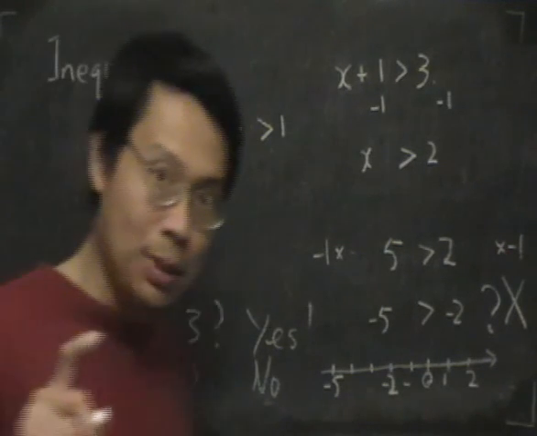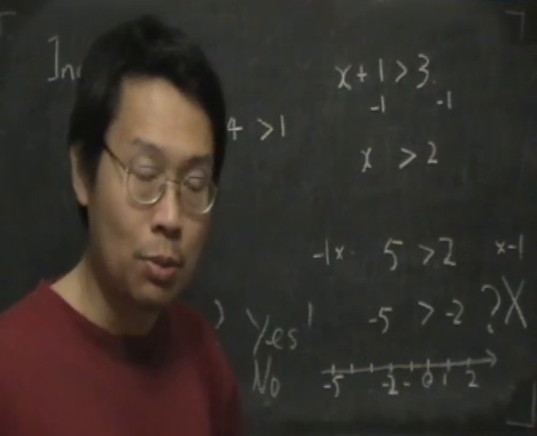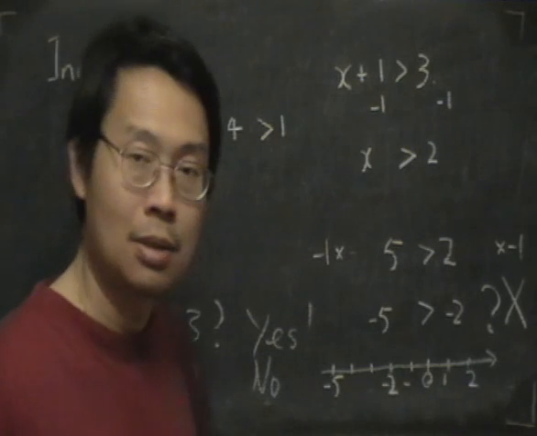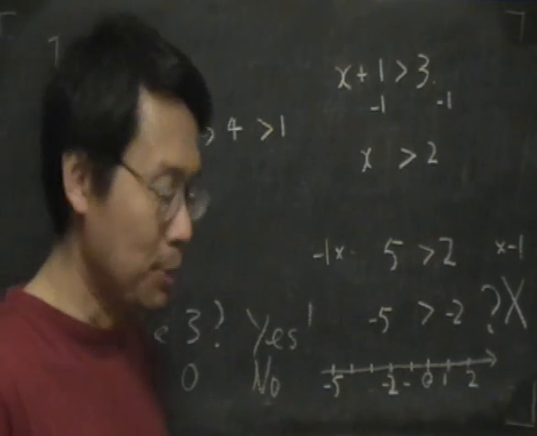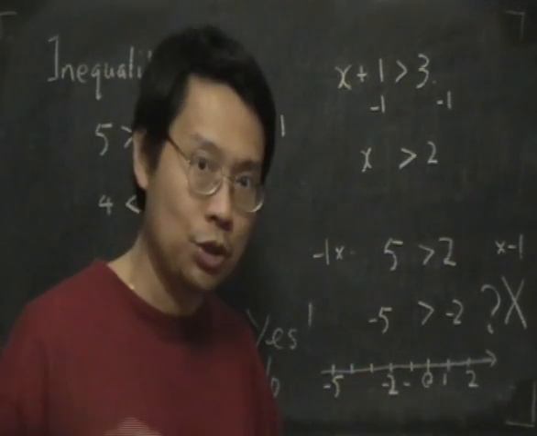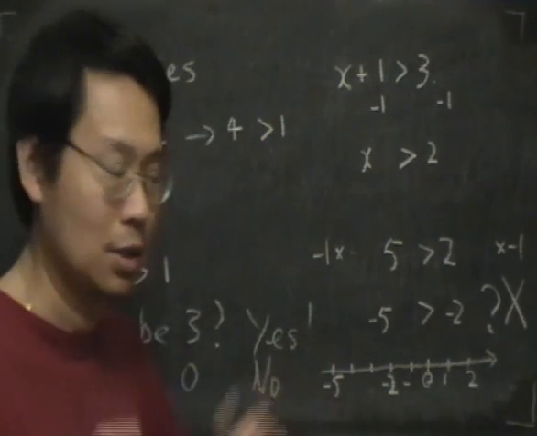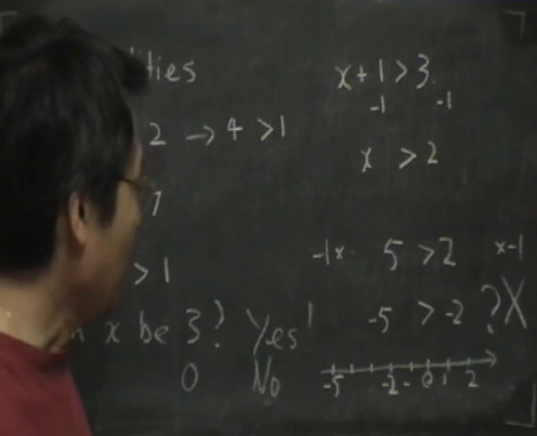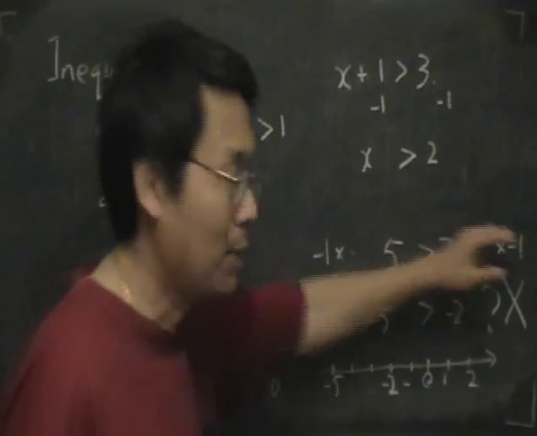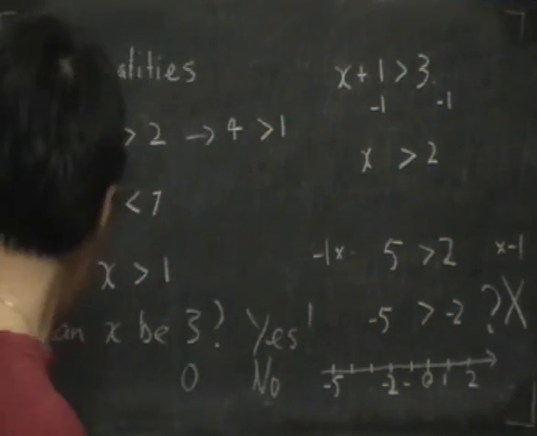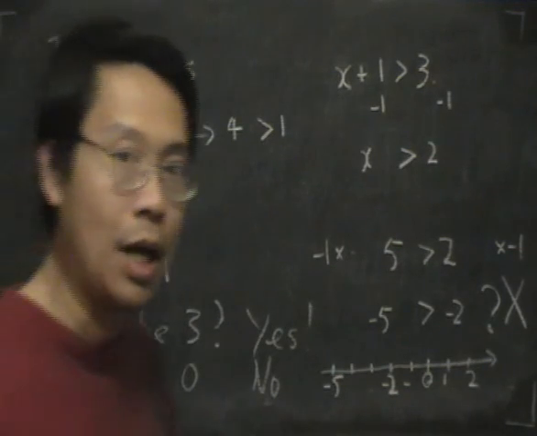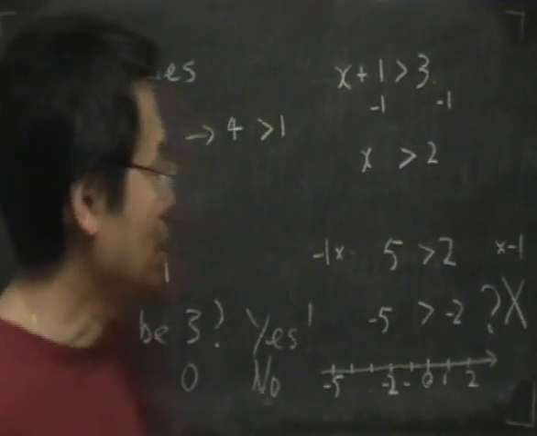Now, that doesn't mean that we are not allowed to multiply by minus 1. It just means that we have to change the rules for this special case. It means that if I multiply by minus 1, I must flip the inequality.